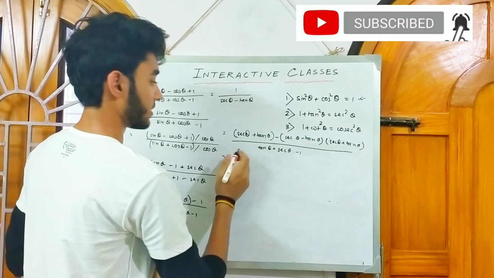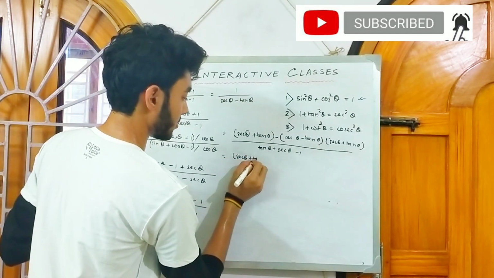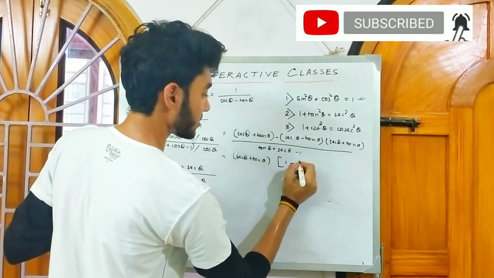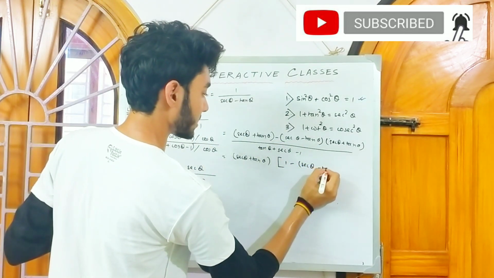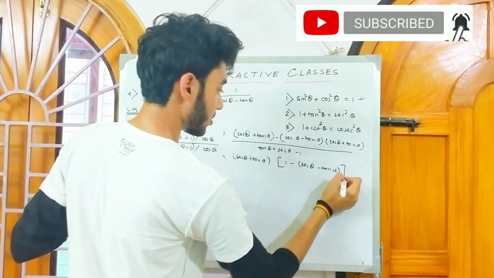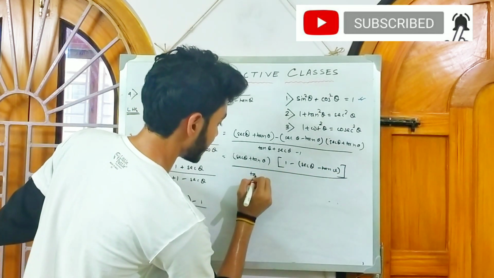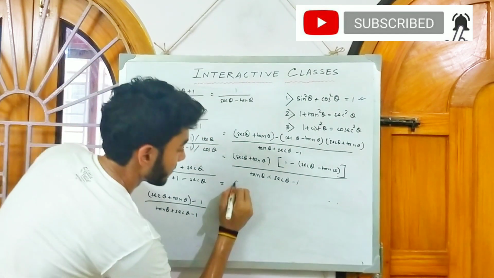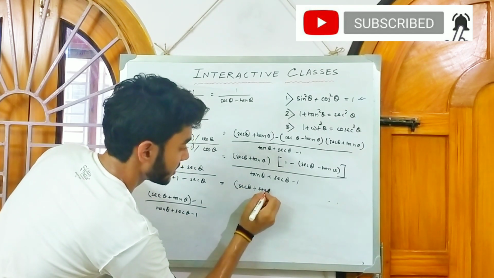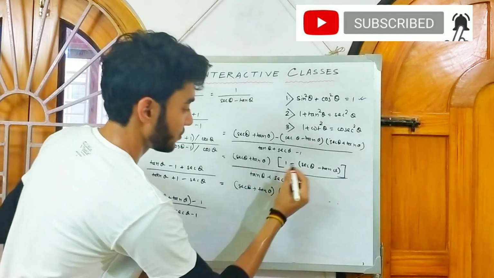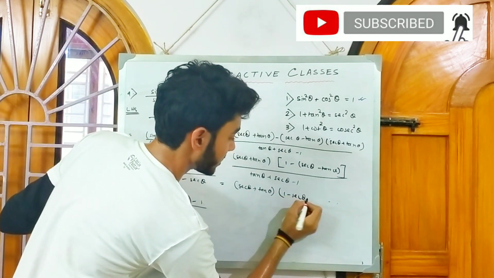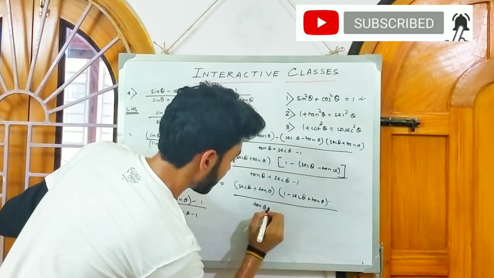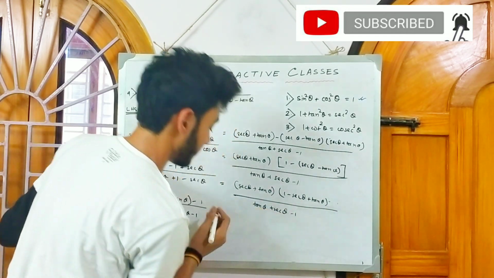Now let us take common sec theta plus tan theta, and we get 1 minus (sec theta minus tan theta), that is tan theta plus sec theta minus 1 in the denominator. If we simplify we get (sec theta plus tan theta)(1 minus sec theta plus tan theta) by (tan theta plus sec theta minus 1).